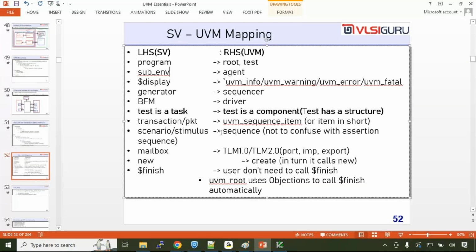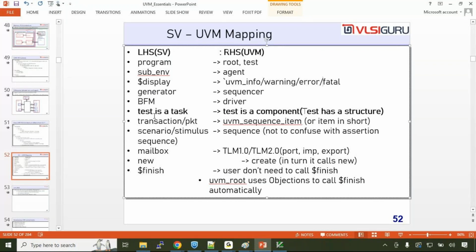Agent. Instead of dollar display, we use reporting macros called UVM info, warning, error, and fatal. We use UVM report info, error, or fatal, one of those categories. Generator becomes sequencer, BFM becomes driver.